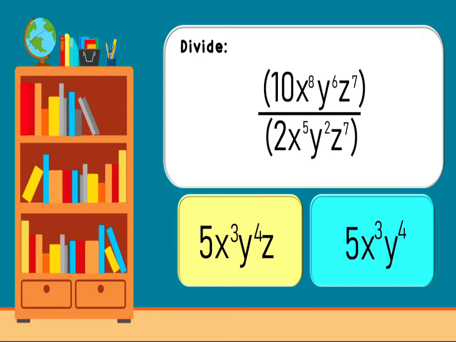While for cyan, it's 5x raised to the 3rd power, y raised to the 4th power. Is it daffodil or cyan? Great! The correct answer is cyan. 5x raised to the 3rd power, y raised to the 4th power.